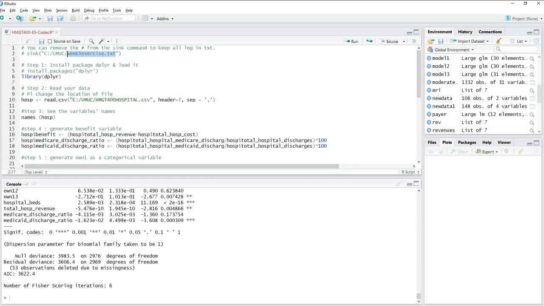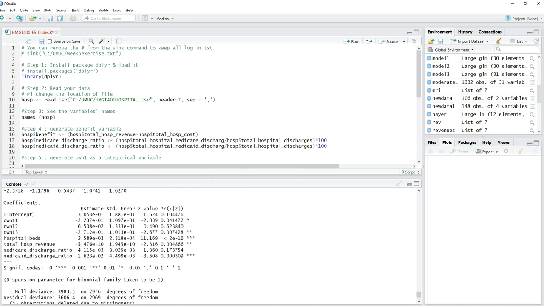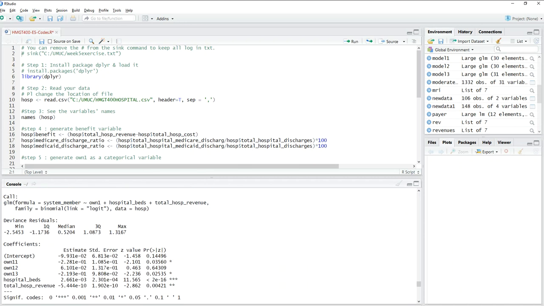One more point here, for this exercise, I silenced the sync command. If you'd like to activate that, remove this pound sign from here. Or you can just go ahead and run step by step and see the model.